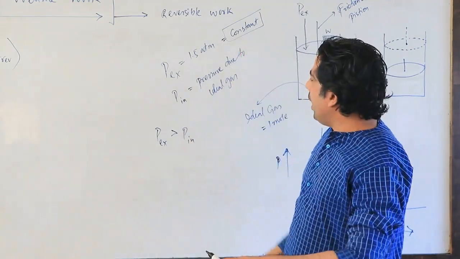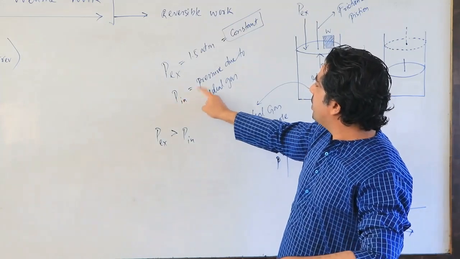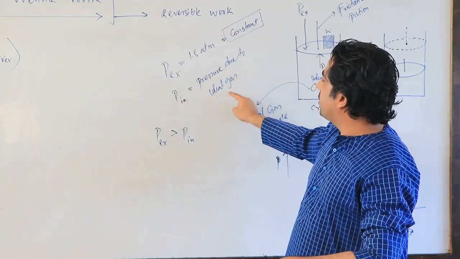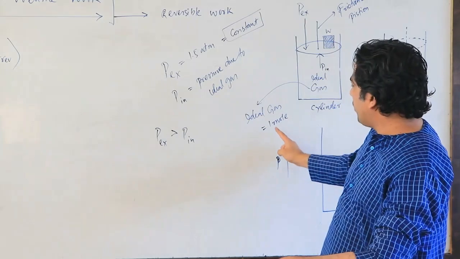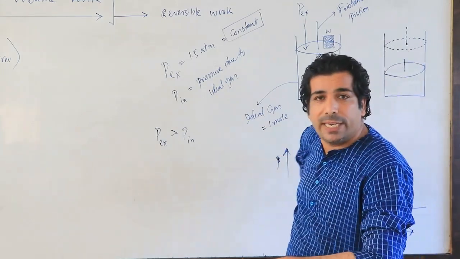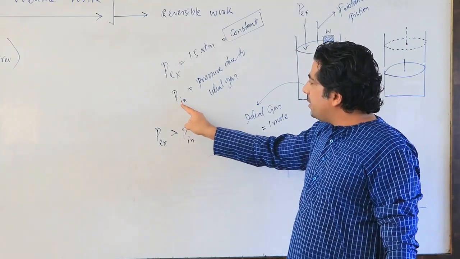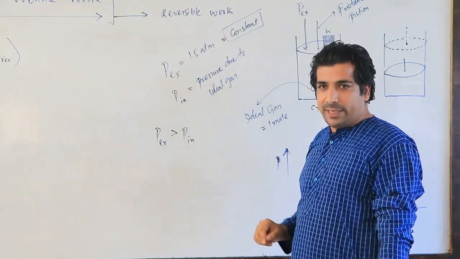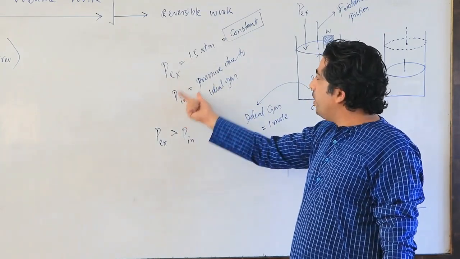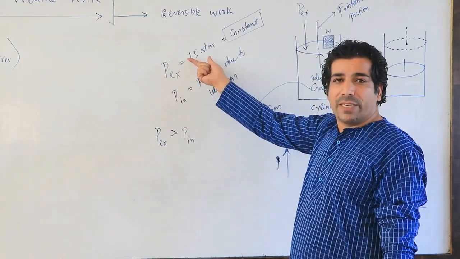Now what happens? P internal is basically the pressure due to which gas? Ideal gas. How many moles of ideal gas do you have? 1 mole of ideal gas. So my dear friends, if P internal is less than P external, that means P internal has to be less than 1.5 atmosphere.